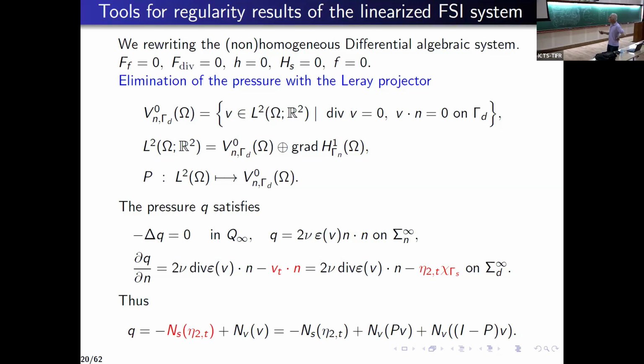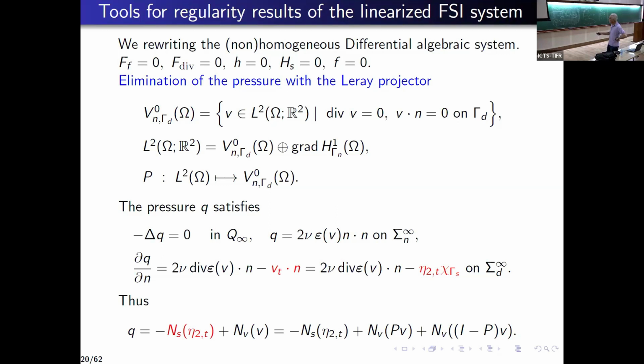Okay. So I have to rewrite the equation for the fluid using the Leray projector. Now I have to introduce the space for which only the condition on the normal component equal to 0 is given on gamma d, because we do not need that on the Neumann part.